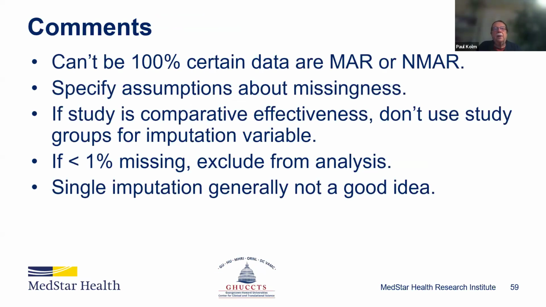And then if the study is a comparative effectiveness study, that is, if you have a treatment group and a control group, then you can't use the study group for an imputation variable. In other words, you can't use that in imputing the missing covariate values. And then the last two, I've mentioned those before.